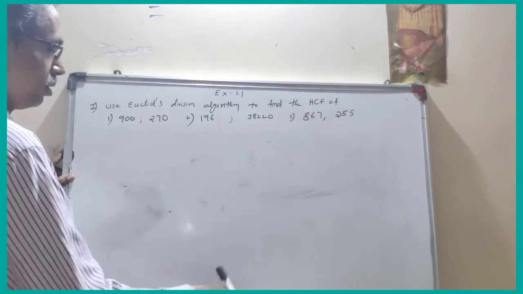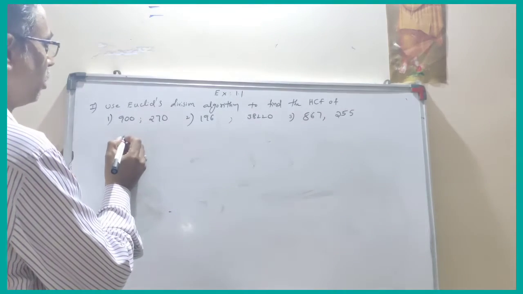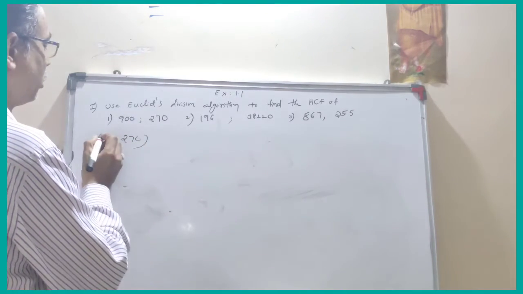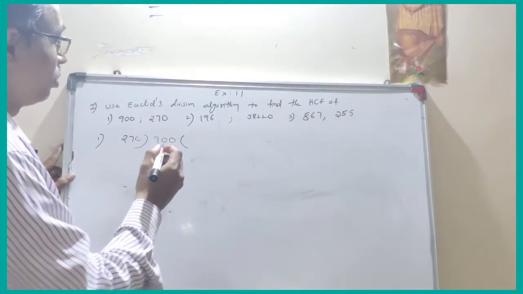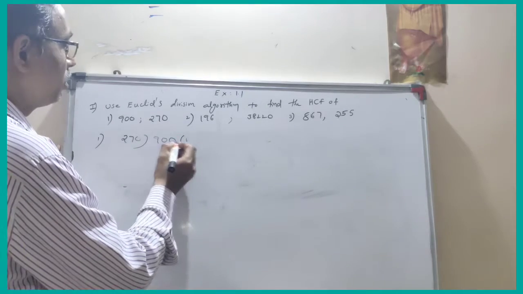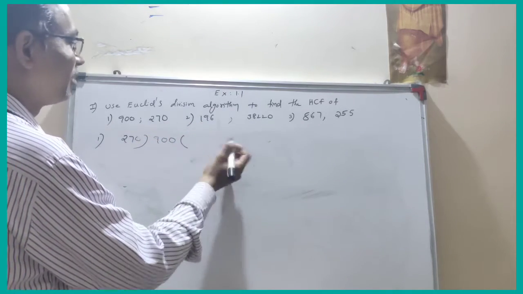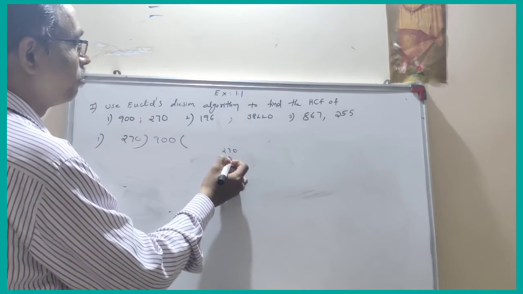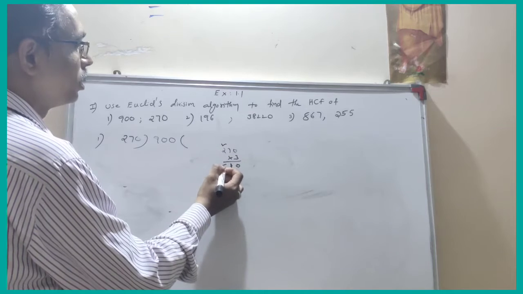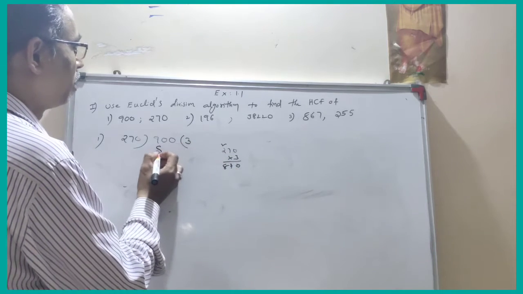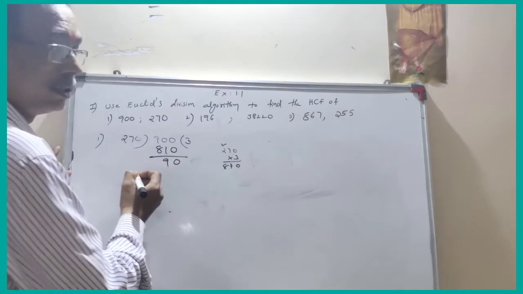First take the very first sum: 900 and 270. Divide 900 by 270: 270 ones are 270, 270 twos are 540, 270 threes are 810, so it is going 3 times. So you can write 810, and by subtraction we simply get 90 here.